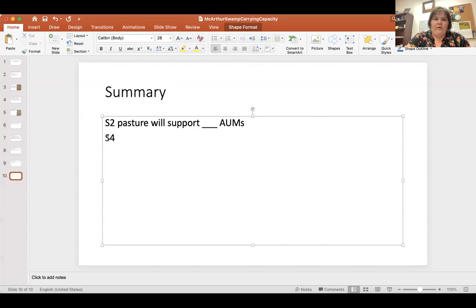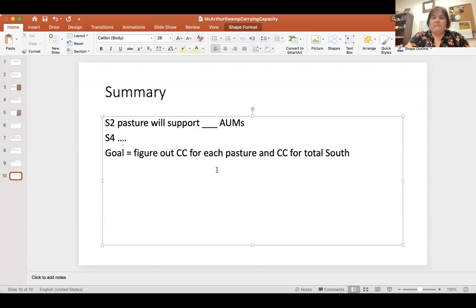And then S4 will support however many AUMs. And then we can extrapolate that out to the other two south pastures. So our goal is to figure out carrying capacity for each pasture and carrying capacity for the total south pastures.